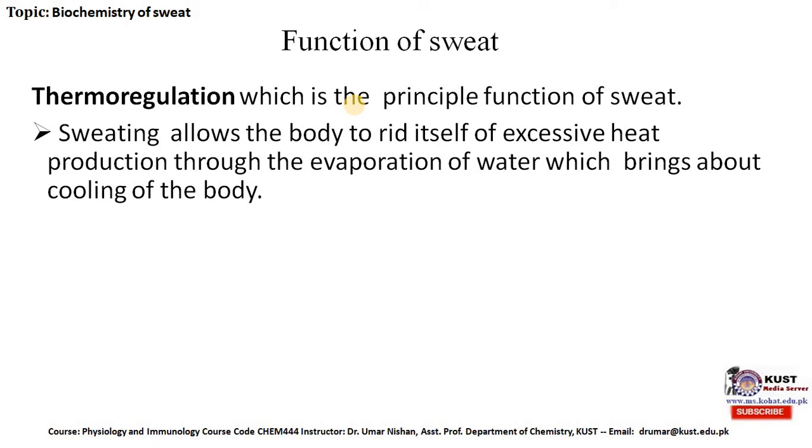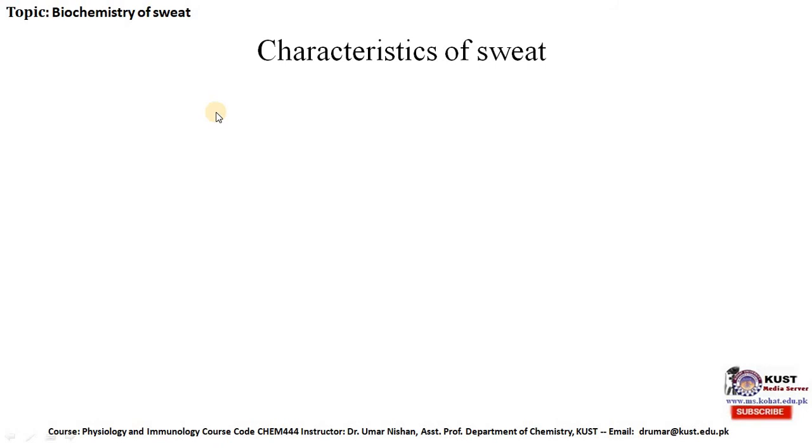So in case the external temperature is high and our body wants to maintain its normal temperature, it will produce sweat, and this will help in the thermoregulation of the body. So this is very important.